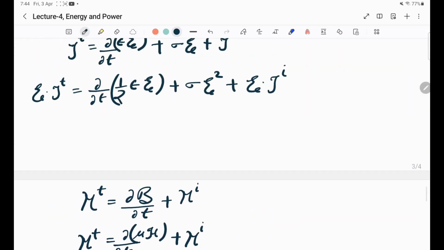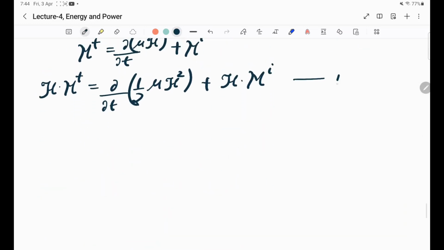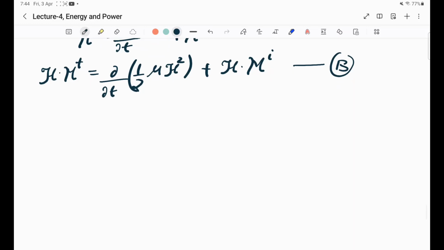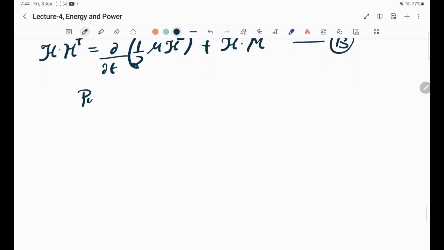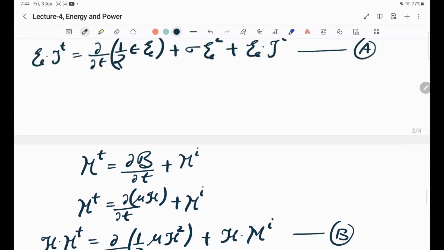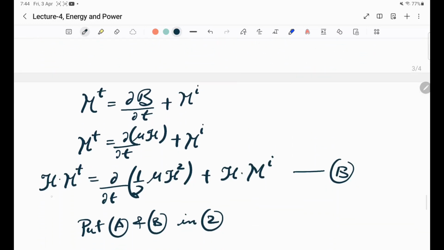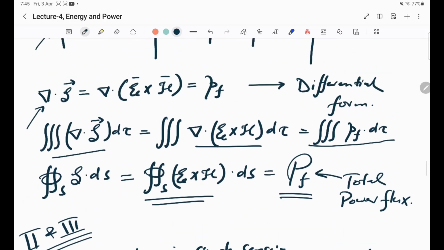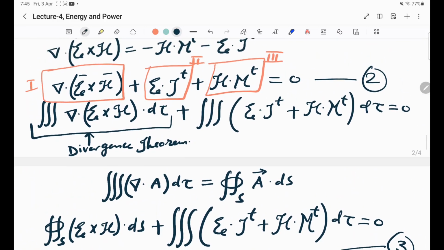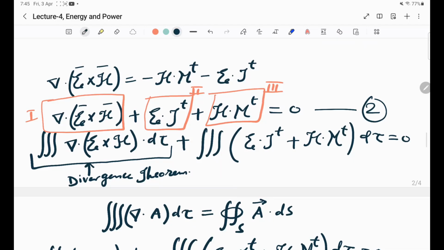Now let's call this equation A and this equation B. If we put A and B in equation 2, we are going to substitute E dot J total and H dot M total in term number 2 and term number 3.